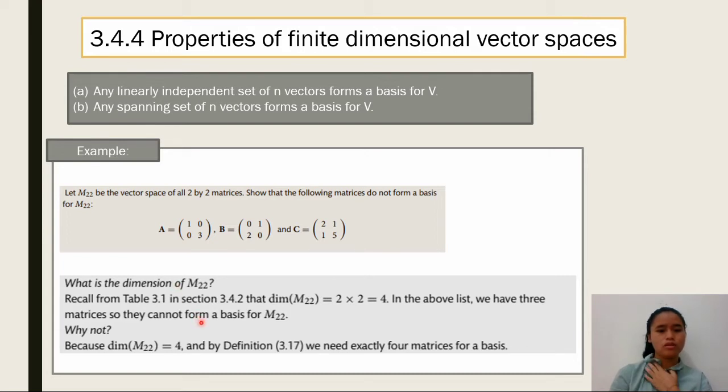So what is the dimension of M22? We have to know that the dimension is 4, right? 2 times 2 is 4.